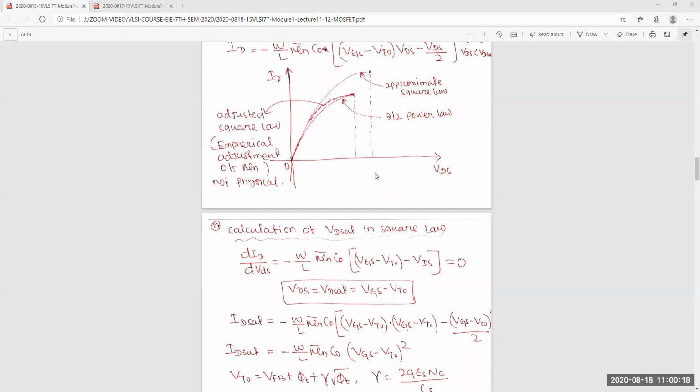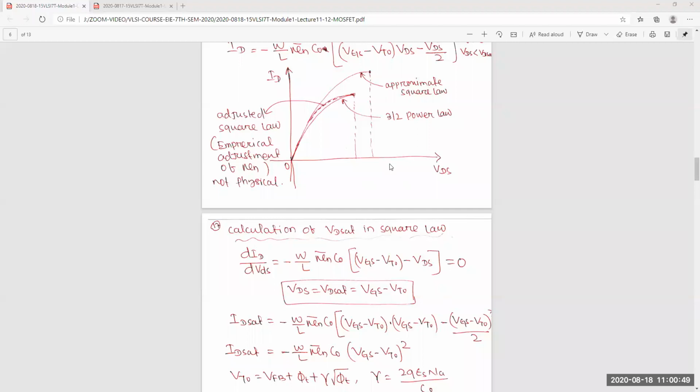So everything you can define in a very clear way, because at saturation, this is the VD sat. This is where the slope is equal to 0. If you differentiate that ID, you will get VDS equal to VGS minus VT. If VDS is greater than VGS minus VT, then from that point saturation will start. So that is called saturation. Less than that, that is linear. And if VGS is less than VT, that is cutoff.